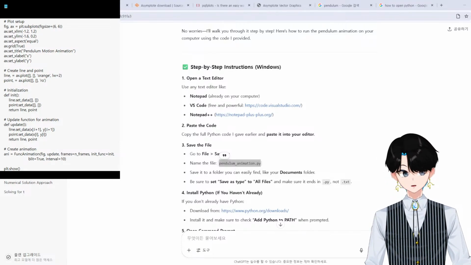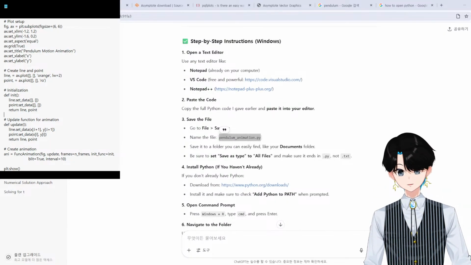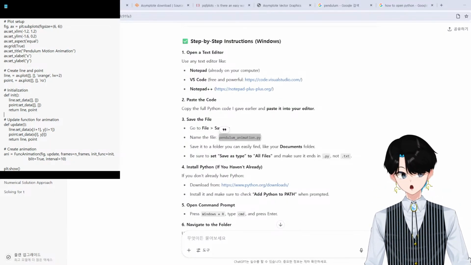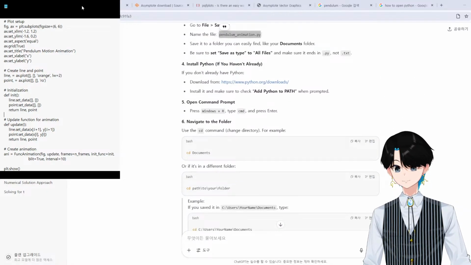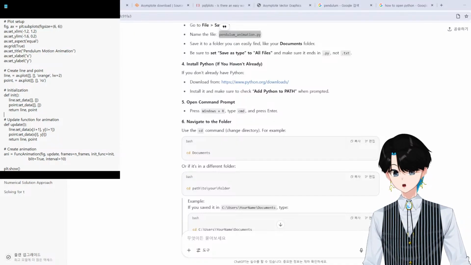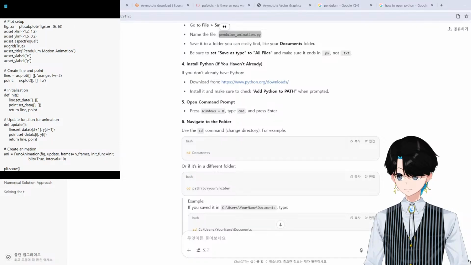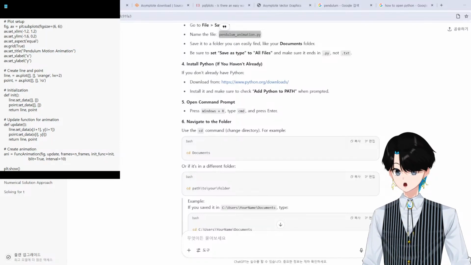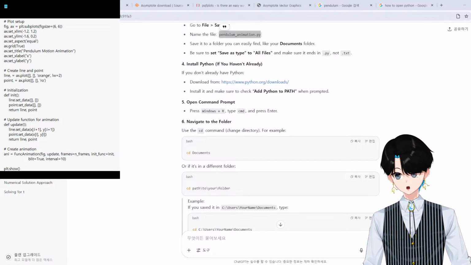Save it to a folder you can easily find, like your documents folder. Be sure to set save as type to all files, and make sure it ends in .py, not .txt. This sounds very important. Okay, it is on .py. You cannot see it, but it is on .py.